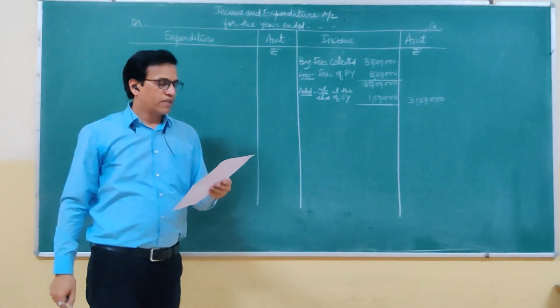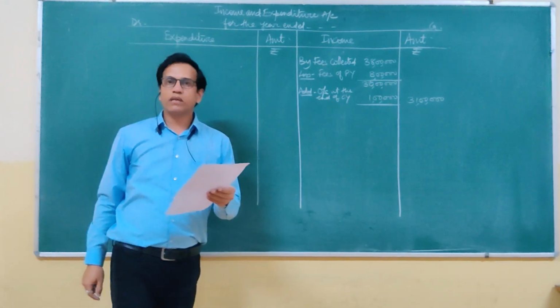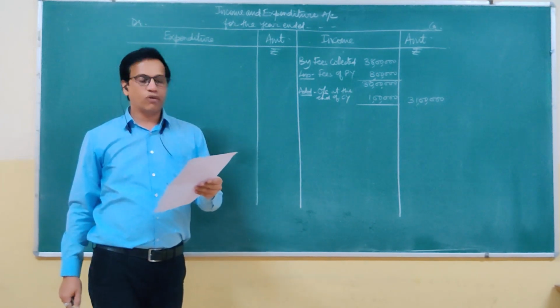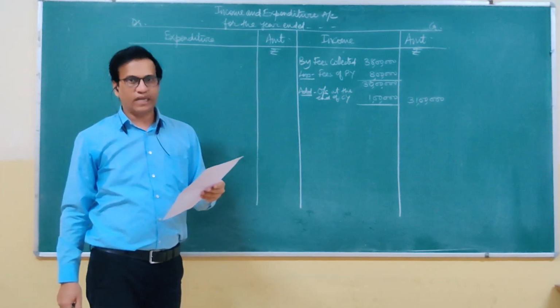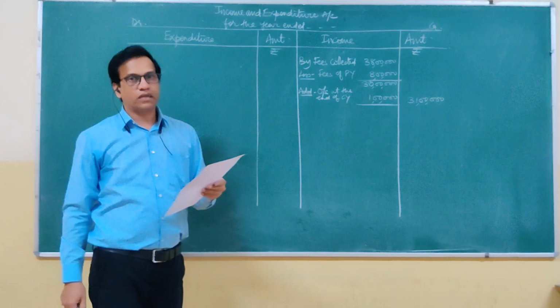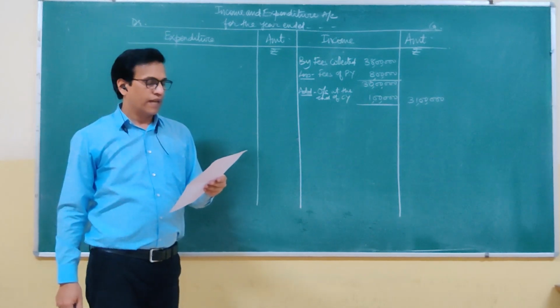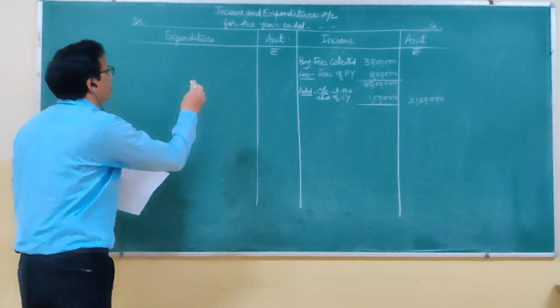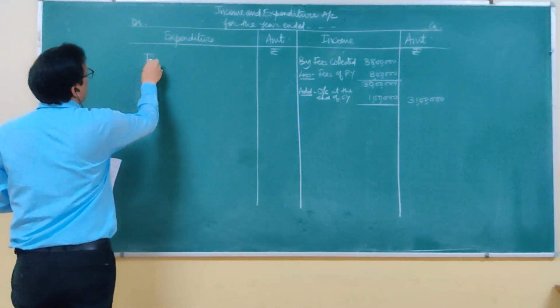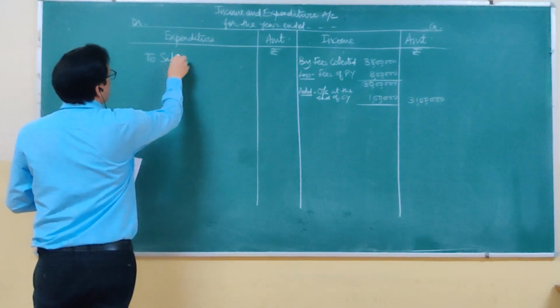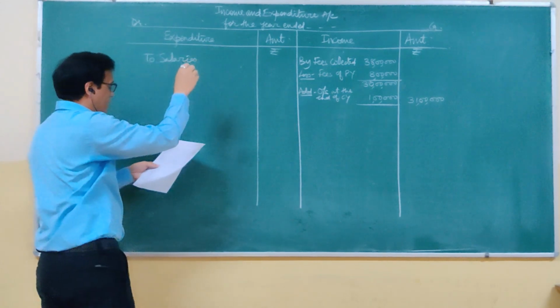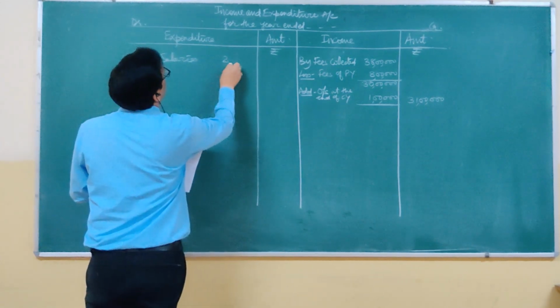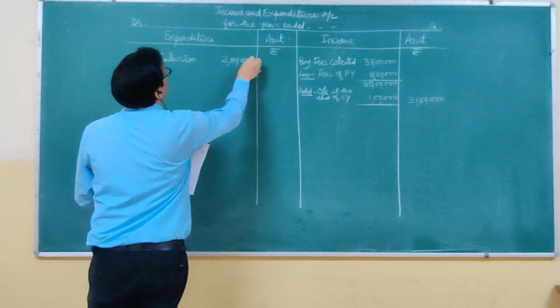Then next item is salary paid, including 30,000 rupees on account of the previous year. Total 2,80,000 rupees paid, out of which 30,000 is of previous year, and salary outstanding at the end of the current year is 10,000 rupees. So we will take it on the debit side. Right here, salaries. Total salary we are taking from receipts and payments amount 2,80,000.